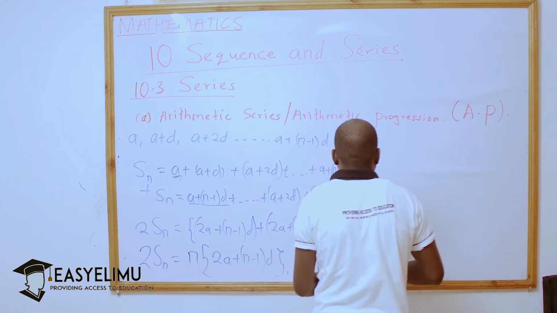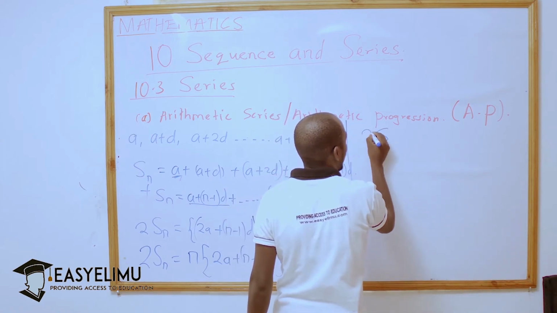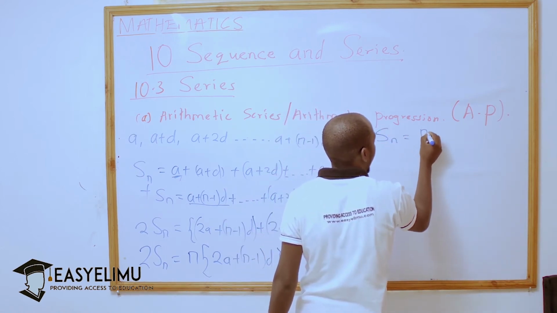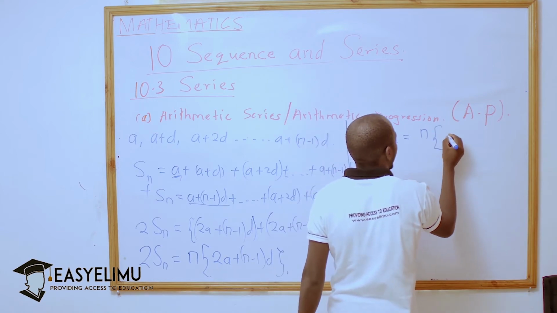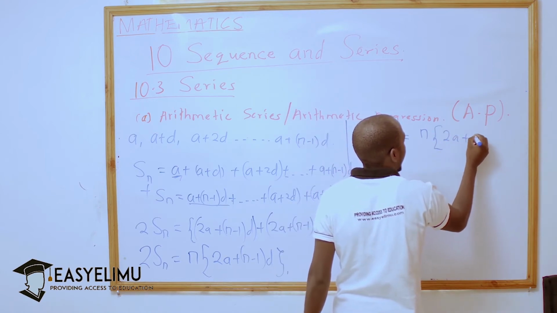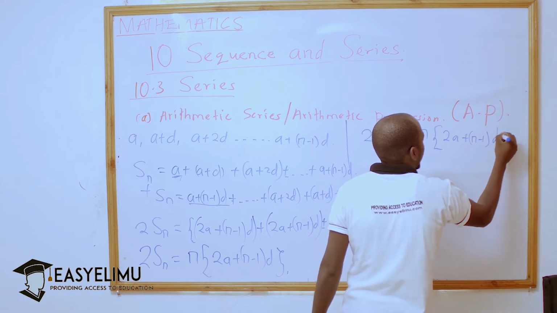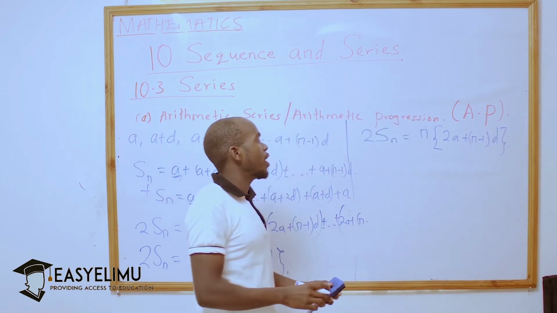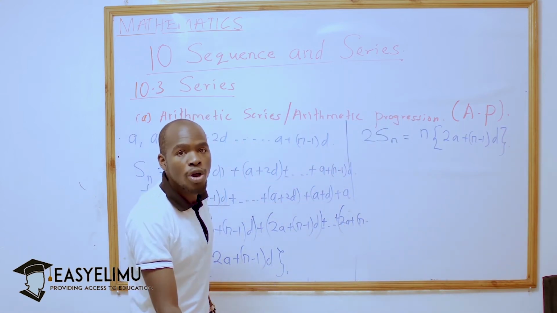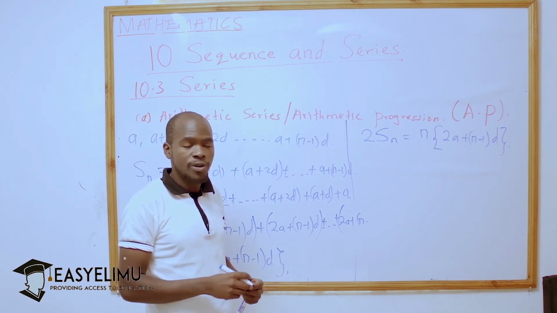We can find s, whereby 2Sn is equal to n into (2a plus (n minus 1)d). So if we want Sn, we divide by 2 on both sides.